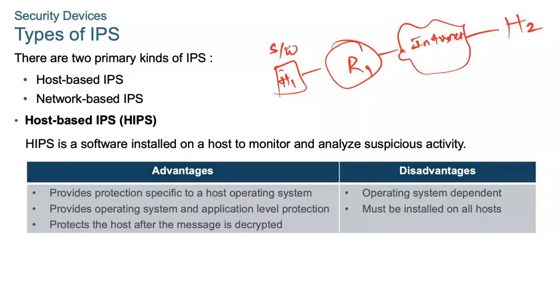A significant characteristic of the host-based intrusion prevention system is that it can monitor and protect the operating system, the OS, and critical system processes that are specific to that host.